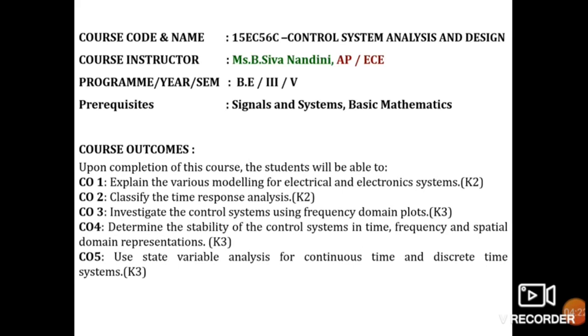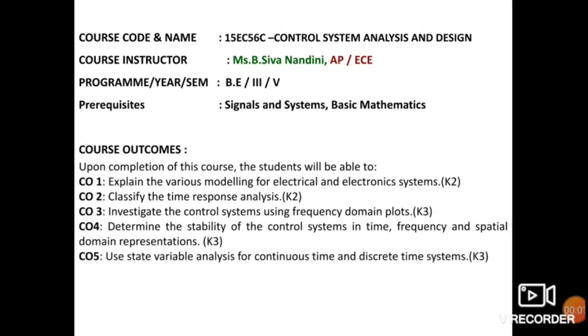Okay, so in our subject Control System Analysis and Design, we have 5 COs. For each unit we have one CO. After completing the subject, we'll be able to attain all these 5 COs. The first CO: you will be able to explain the modeling of electrical and electronic systems.